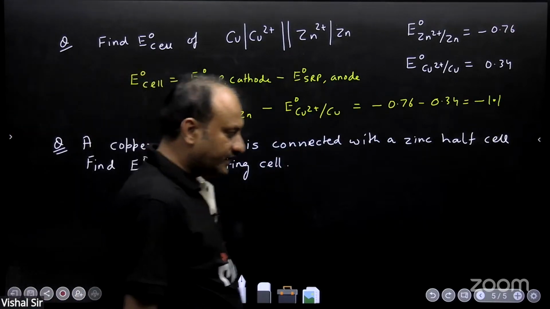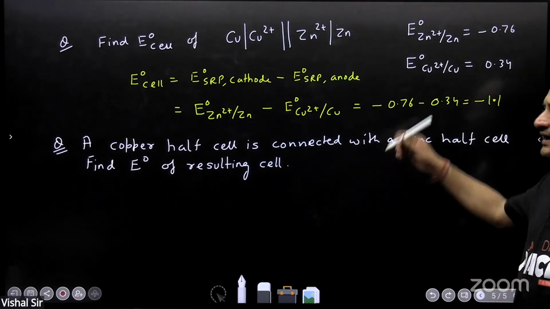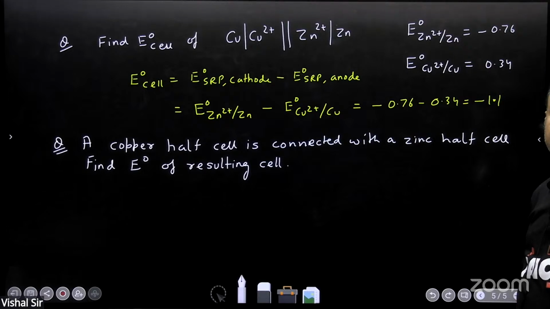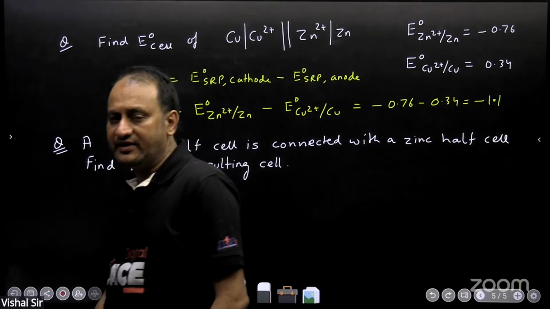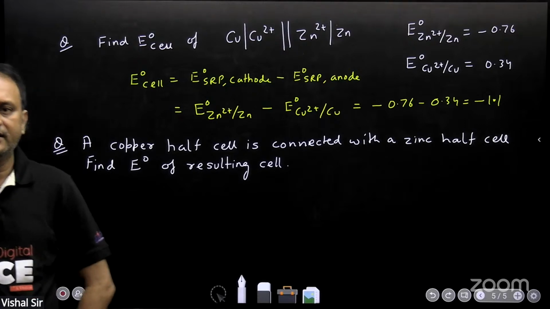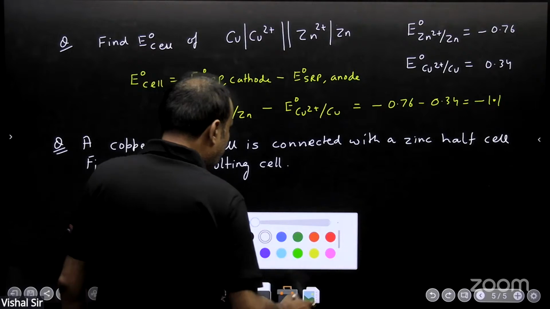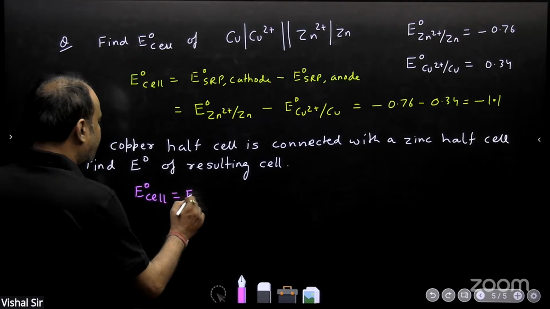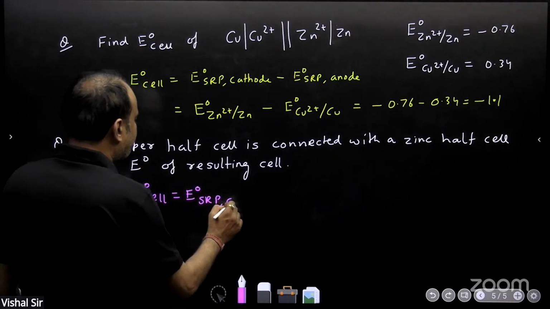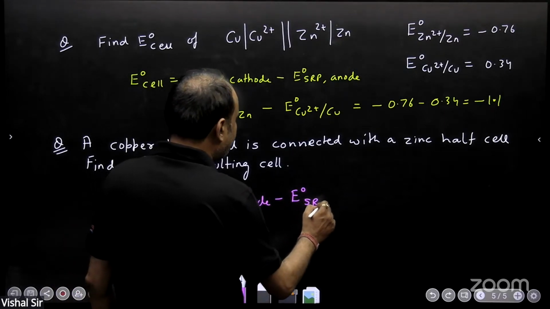So now here we can see we are not given any notation. And I see the E naught SRP values. I see that SRP value of copper is greater than zinc. And hence I decide whenever I will connect a copper half cell with zinc half cell, copper will want to act as cathode and zinc will want to act as anode. So now I will find E naught cell as SRP cathode minus SRP anode.